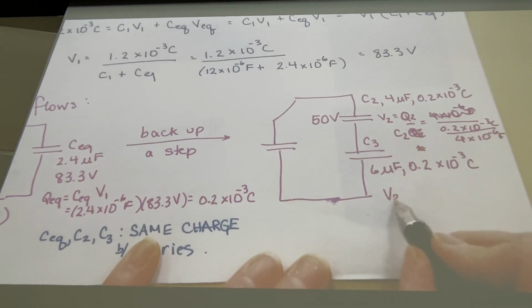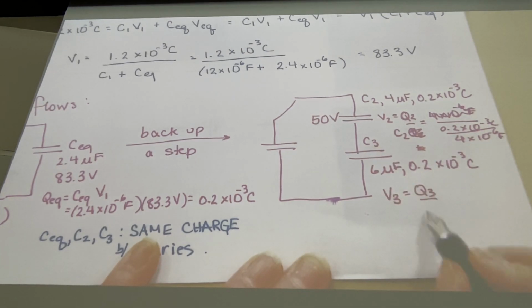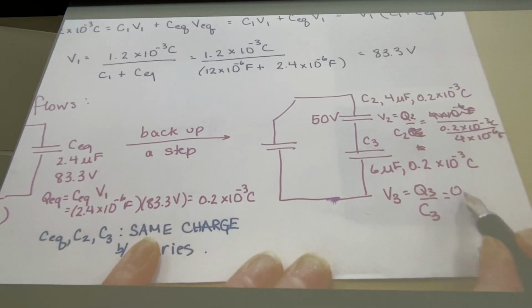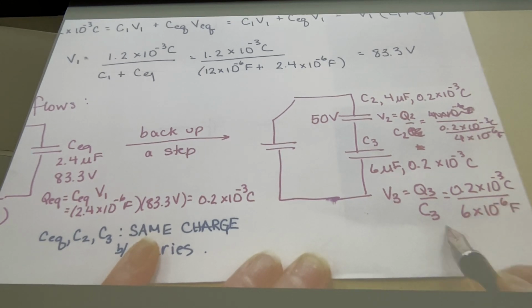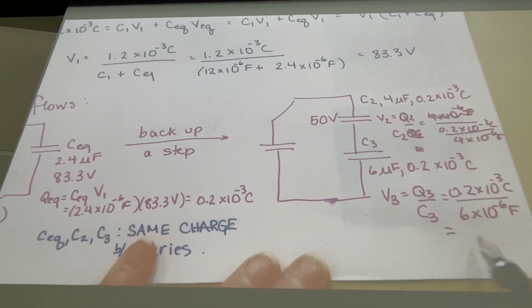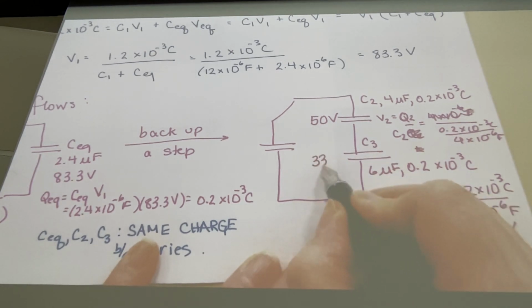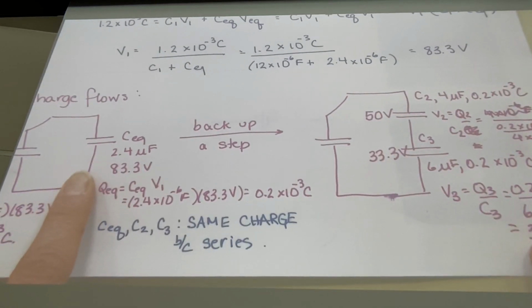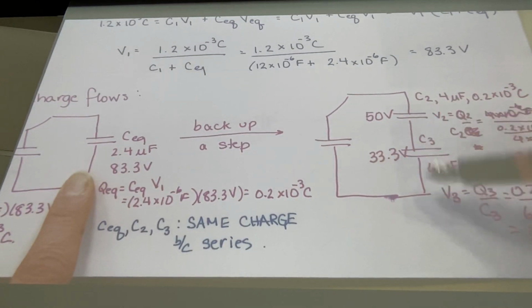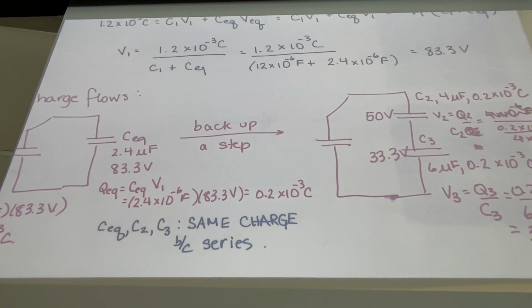And then V3 is Q3 over C3, 0.2 times 10 to the minus 3 coulombs divided by 6 times 10 to the minus 6 farads, gives us a potential in this capacitor of 33.3 volts. And that makes sense because the equivalent had a potential of 83.3, so those two together would have to add up to be 83.3. That potential got split over both of them.